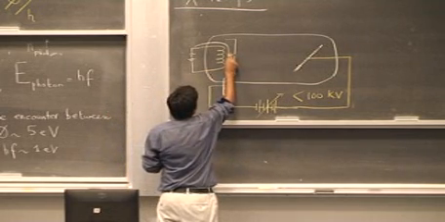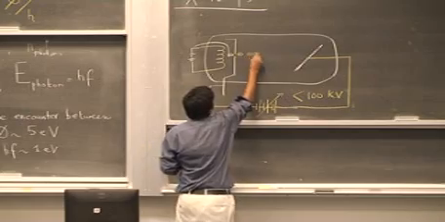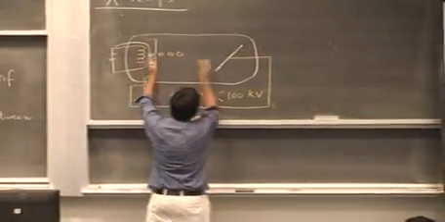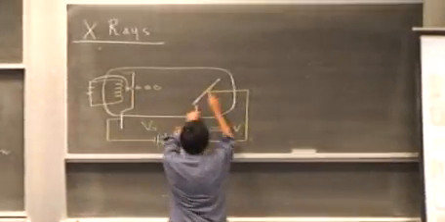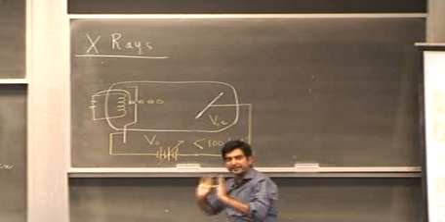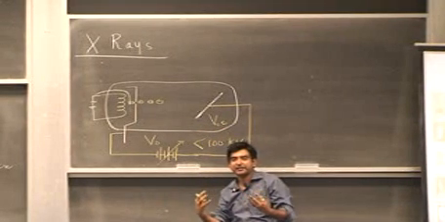These electrons are attracted towards this potential. This potential is V naught. So the energy the electrons gain when they reach this electrode is V naught E. So they are accelerated. They gain a lot of kinetic energy.